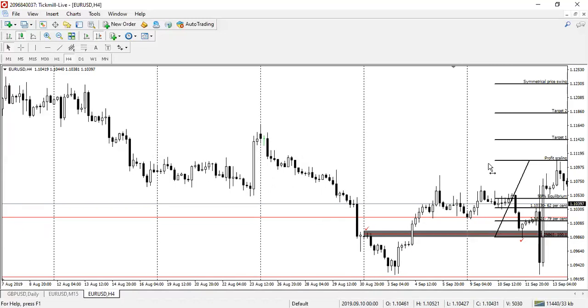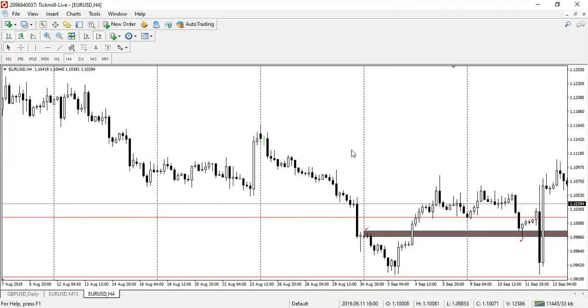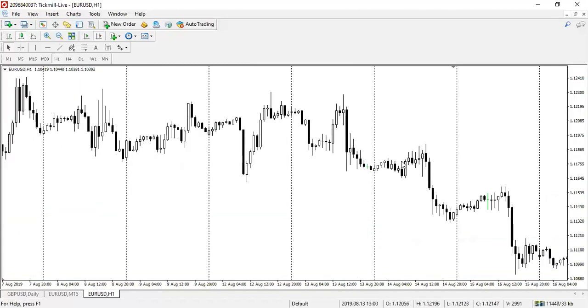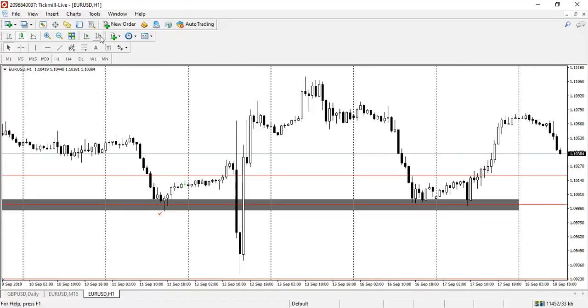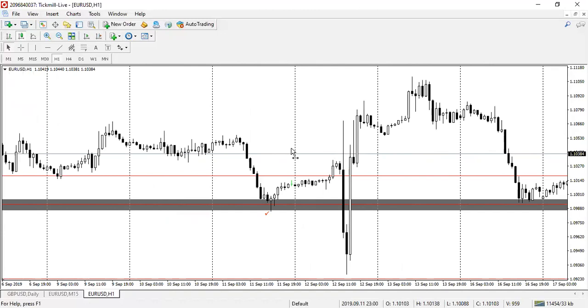So let me go down to the 1-hour time frame to see if we can find anything interesting. Okay, 1-hour time frame. What does it tell me? Nothing else. Let us see how wide this order block is and determine if we can put a pending order here.